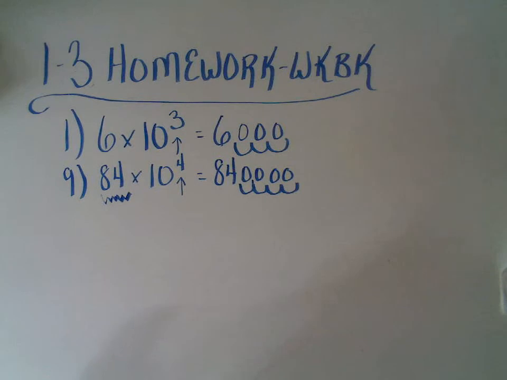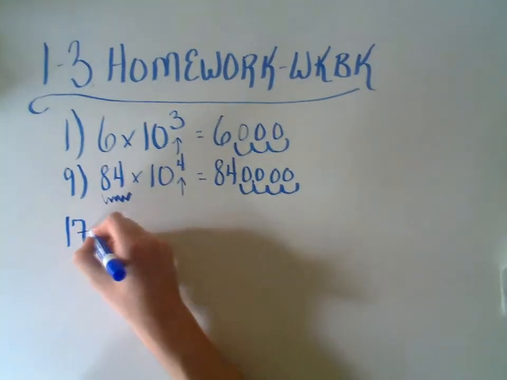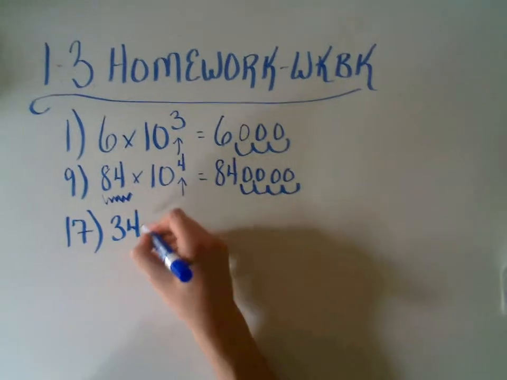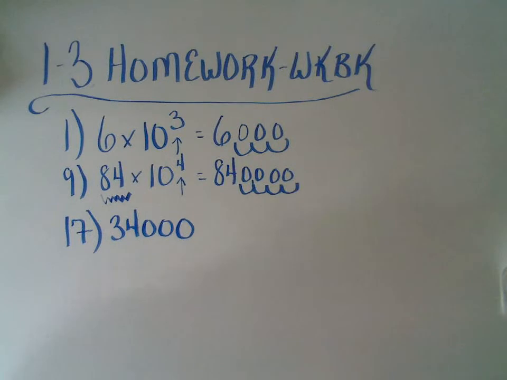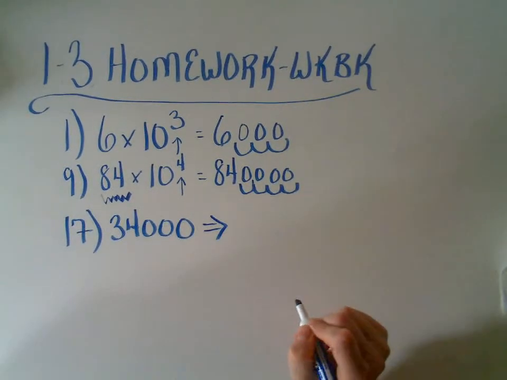Now as you can see, 17 through 24 are also grouped together, so you can do the same basic idea in all those questions. So let's look at one of those. It's asking us to write the number in scientific notation. So let's take a look at 17 there. In 17, we're supposed to take 34,000 and write that in scientific notation. So remember, scientific notation involves writing something between 1 and 10.